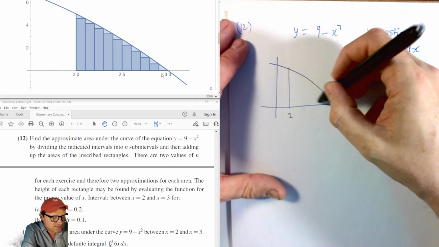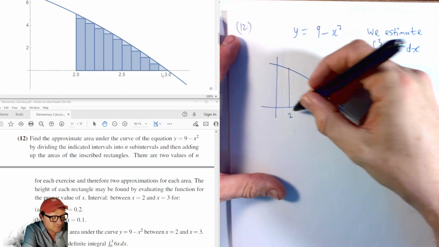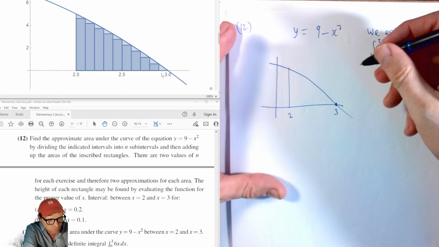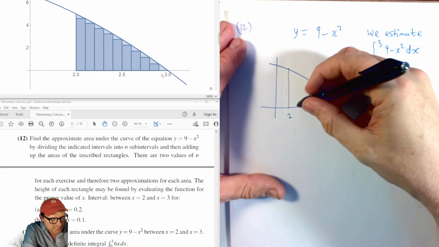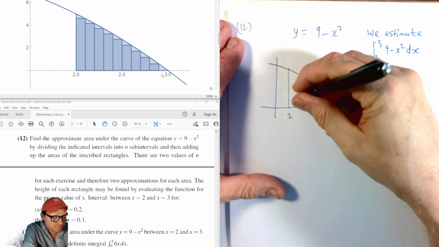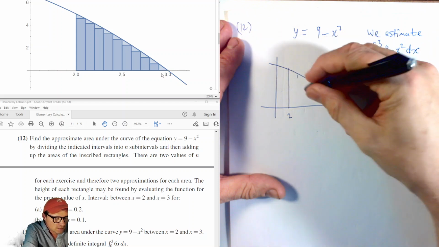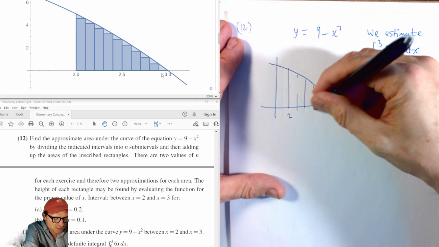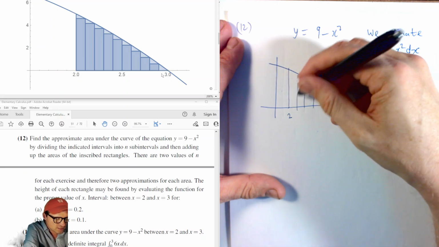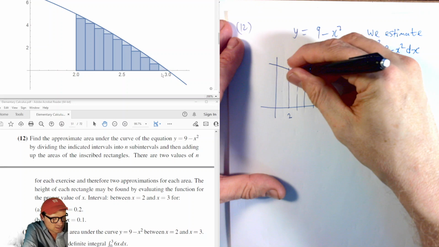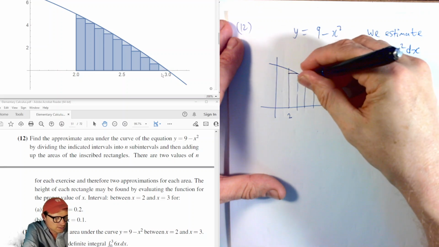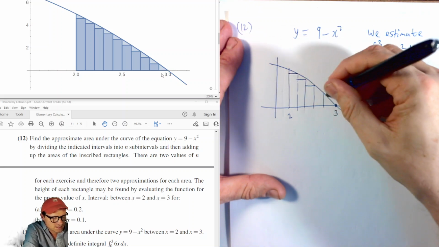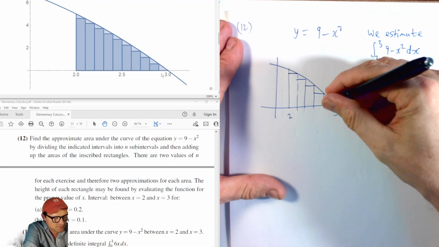Now if we divide the difference of 3 minus 2 into 5 parts, we have delta x is 0.2, just as given there. So let's attempt to separate this into 5 parts, okay, something like this. And so these are inscribed. And incidentally, the picture really helps you think about this.